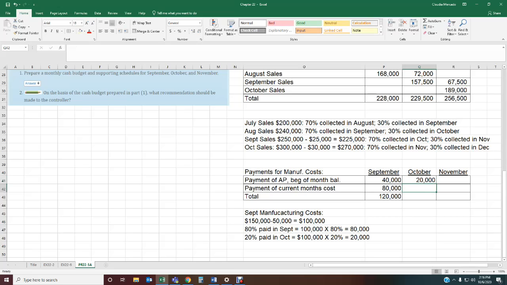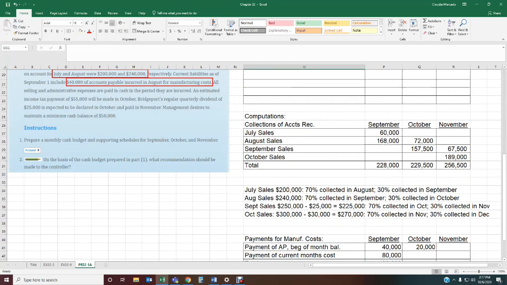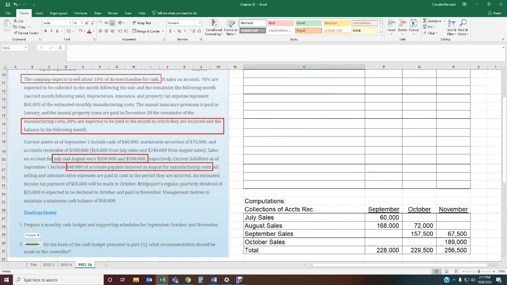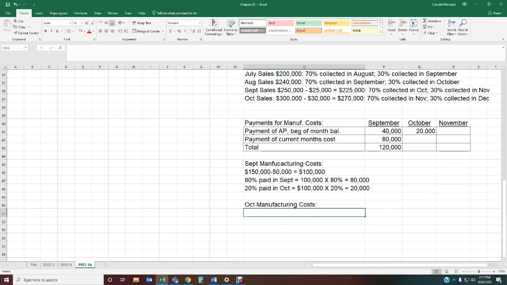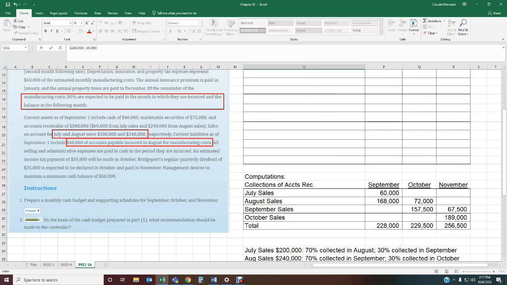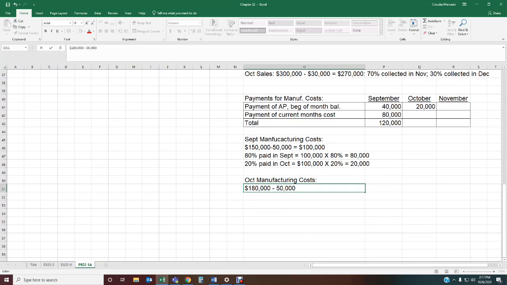Now, let's look at our October manufacturing costs. In October, we had manufacturing costs of $180,000. I need to subtract the $50,000 of manufacturing costs for depreciation, insurance, and property tax that I'm not going to pay this month.